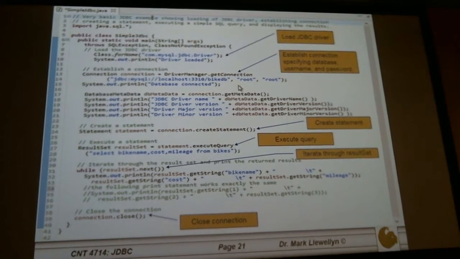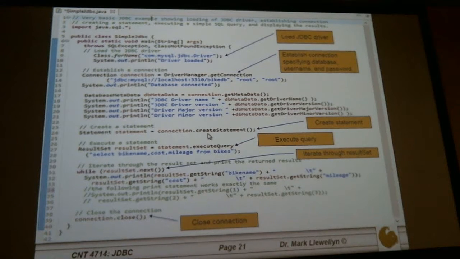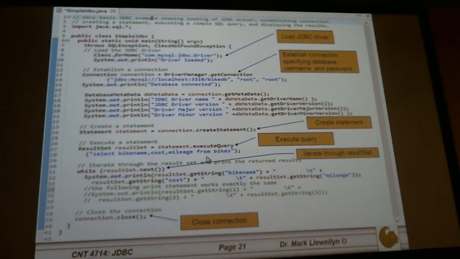Once that's done, I need to create the statement object so I can send some kind of command to the database. So I've done that right here. And then once I send that statement across, I need to specify my user query or whatever. So on the statement in this case, I'm going to execute a query. And I just hard-coded the query right here.